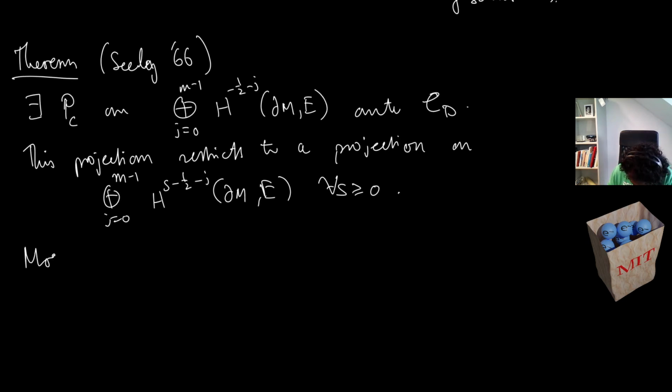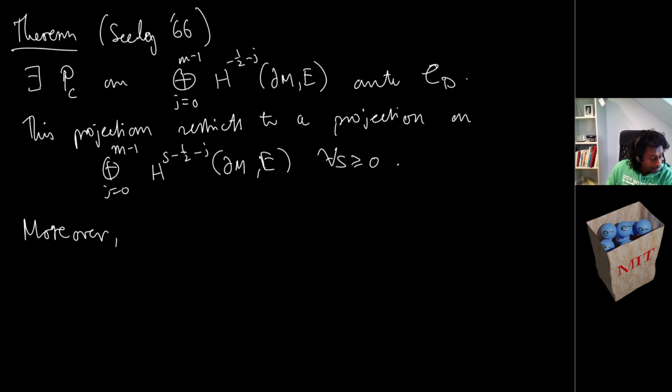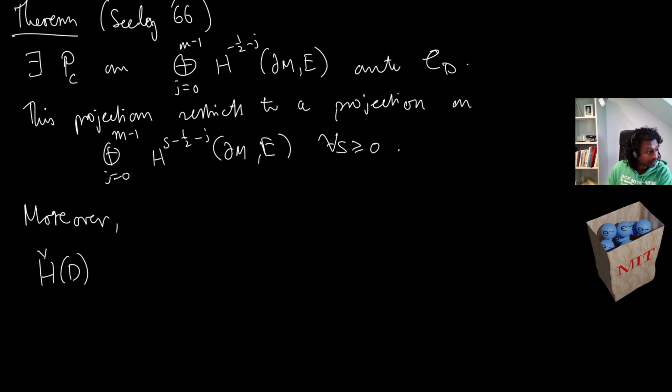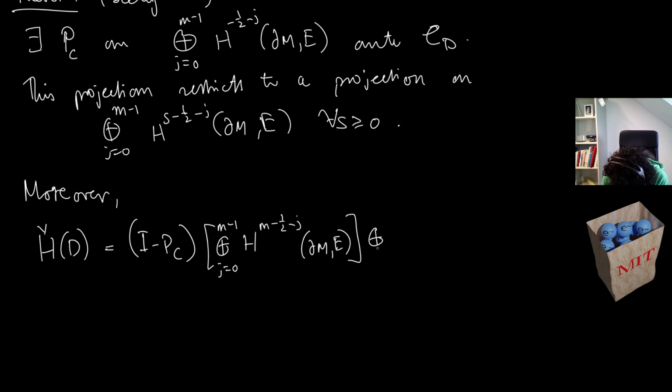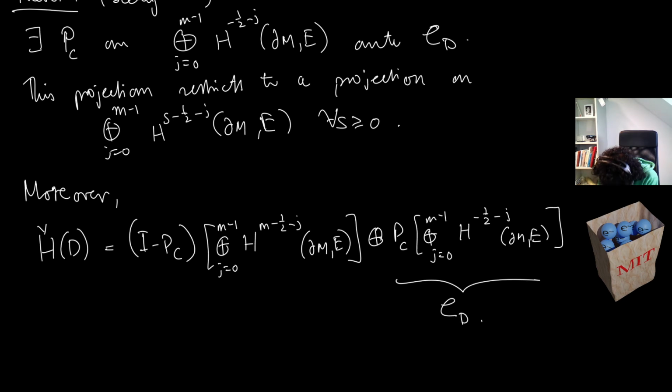Moreover, H check of D is equal to 1 minus P_C of the sum over j equals 0 to m minus 1 of H^(m minus a half minus j) partial_ν^j, plus P_C now of the sum over j equals 0 to m minus 1 of H^(a half minus j) partial_ν^j. And this is precisely C of D. Okay?